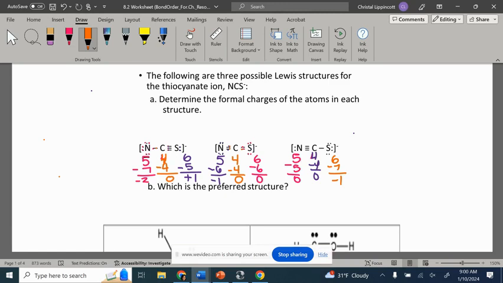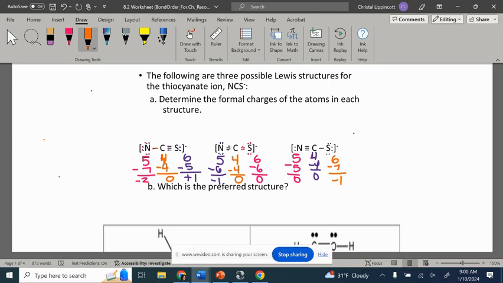One thing that I want you to notice as we're going through here, if we are dealing with a polyatomic ion, this is a polyatomic ion. Remember we talked about those, how it's these nonmetals that are bonded together and they carry a charge.